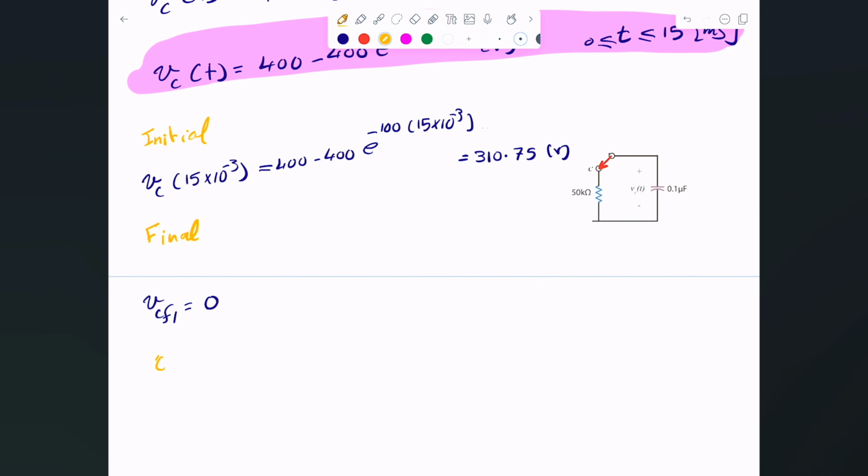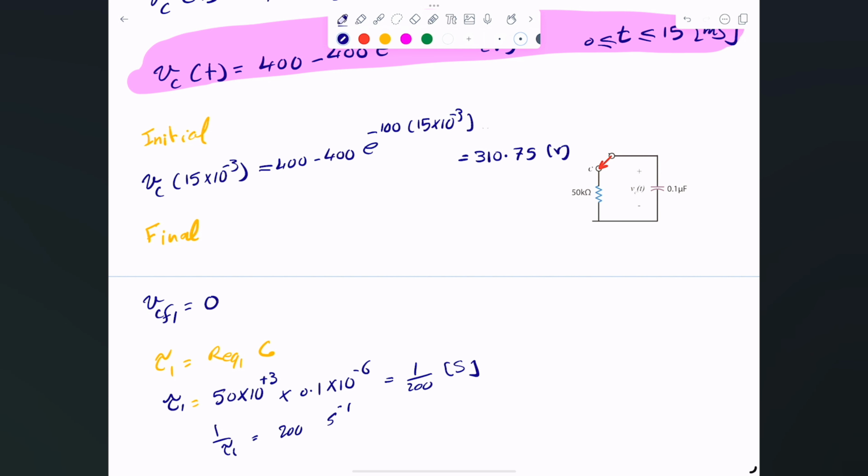So tau 1, which is R equivalent 1 times C. The R equivalent happened to be 50 kilo ohms, so 50 times 10 to the 3 ohms times 0.1 times 10 to the negative 6, and that equals 1 divided by 200 seconds. That means 1 divided by tau 1 is simply 200 second to the minus 1.